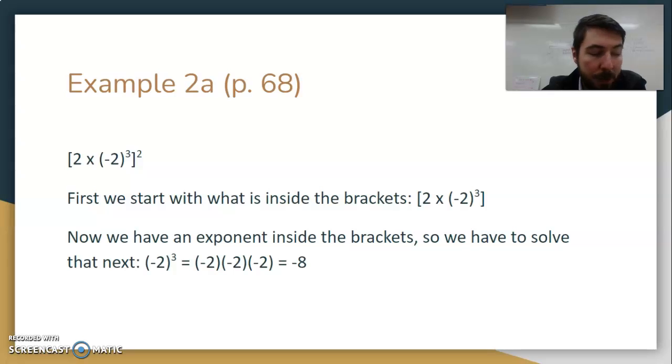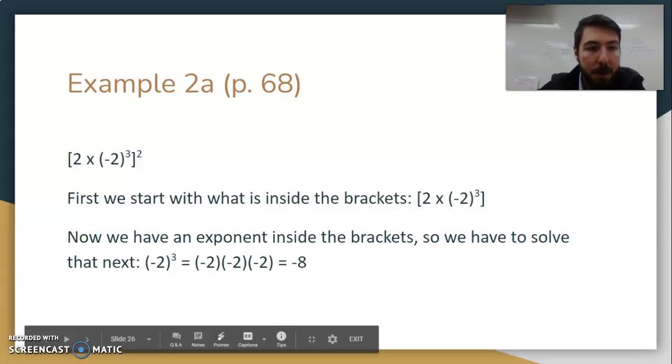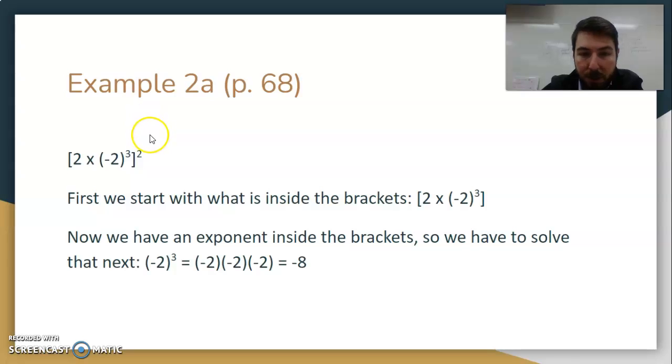Now I'm just going to talk about the next couple of examples. So the first one is 2 times negative 2 to the power of 3, all squared. So first we have to start with what is inside the brackets. So we have multiplication, but we also have an exponent. And because we have an exponent inside the brackets, we need to do that before we multiply, because exponents come before multiply in BEDMAS.